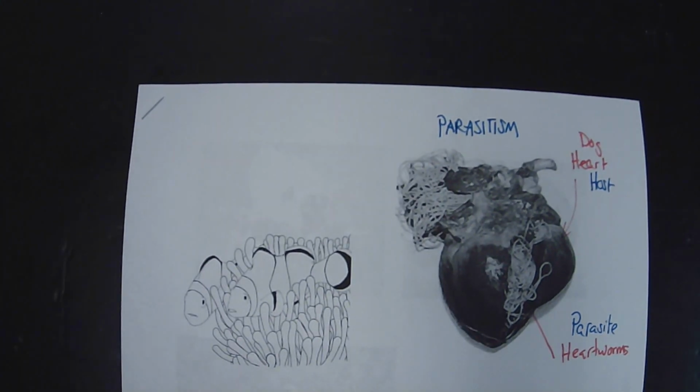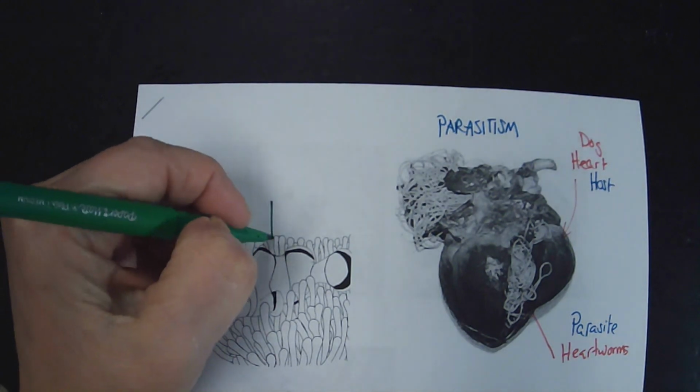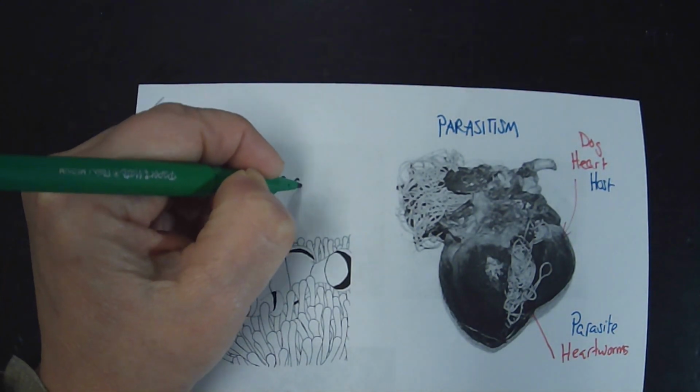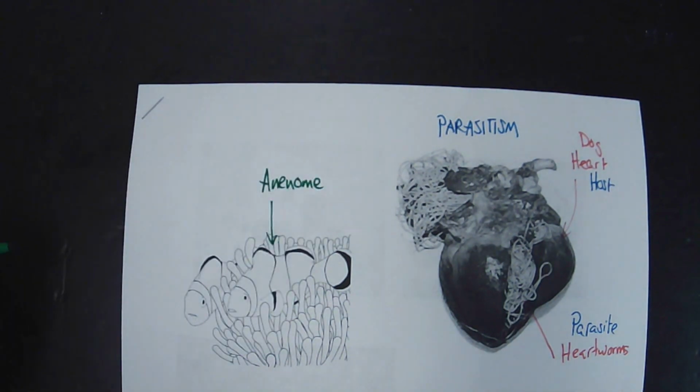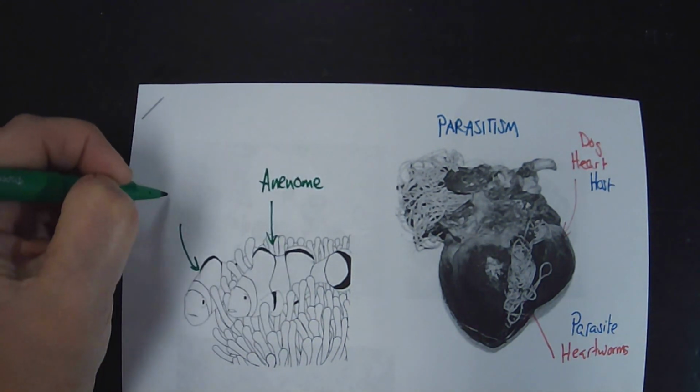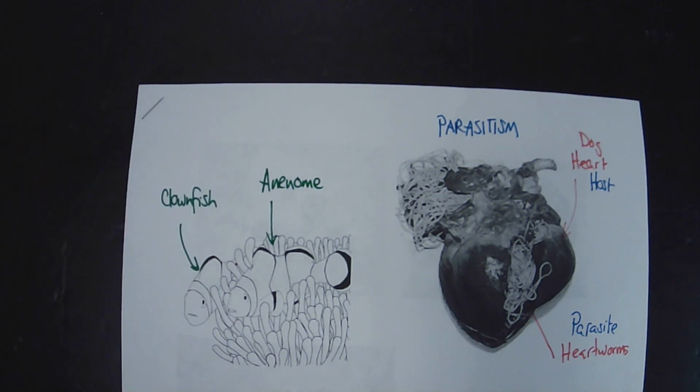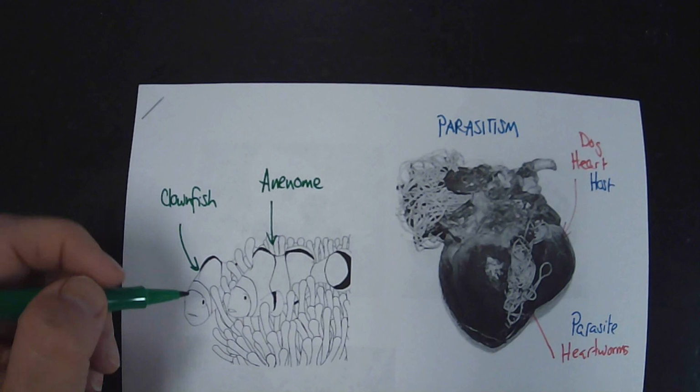Okay, over here, the clownfish. So clownfish live in the ocean, and they live in sea anemones. Okay, so here are our two organisms. The clownfish obtains energy.